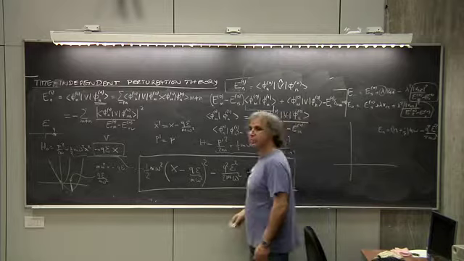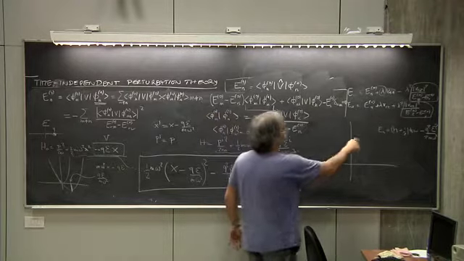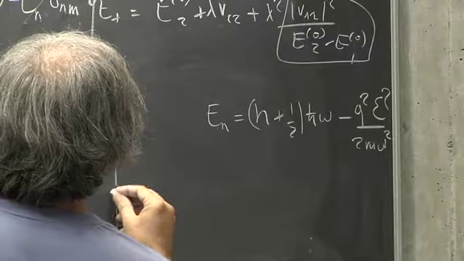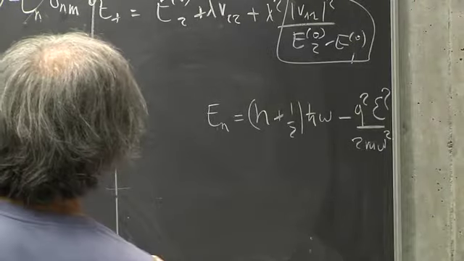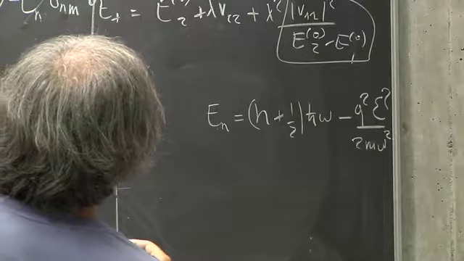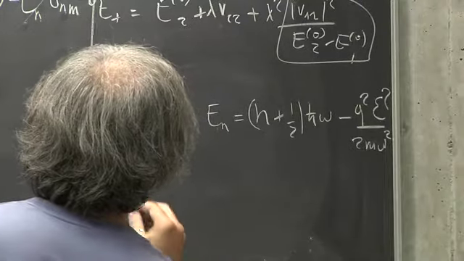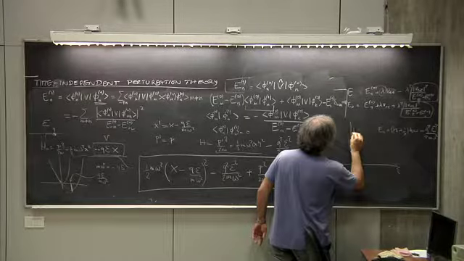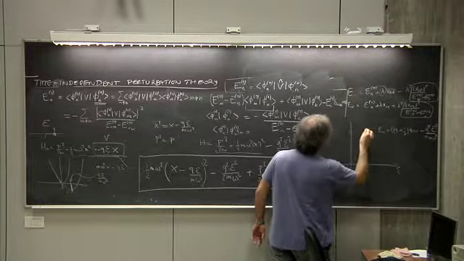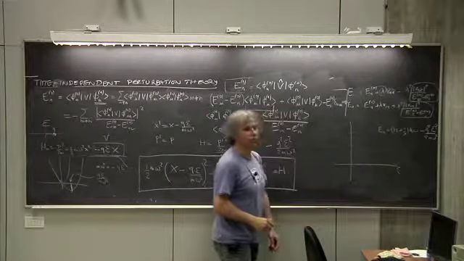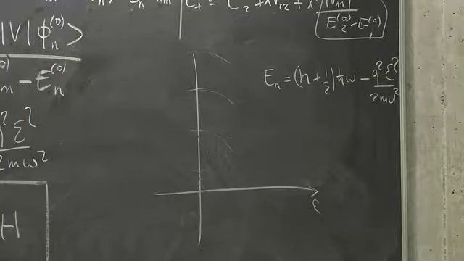So if these were the original eigenvalues, they are just shifted down by a uniform constant. Is this clear?